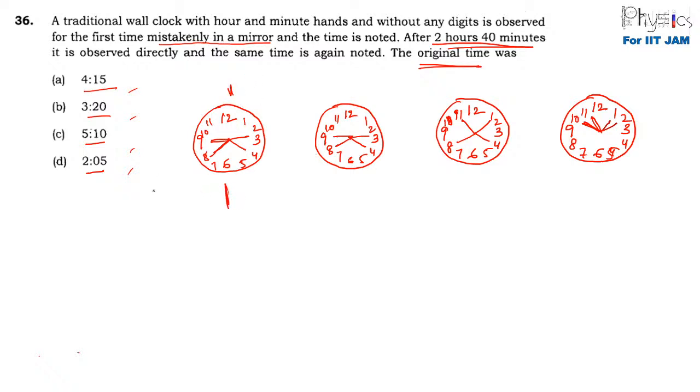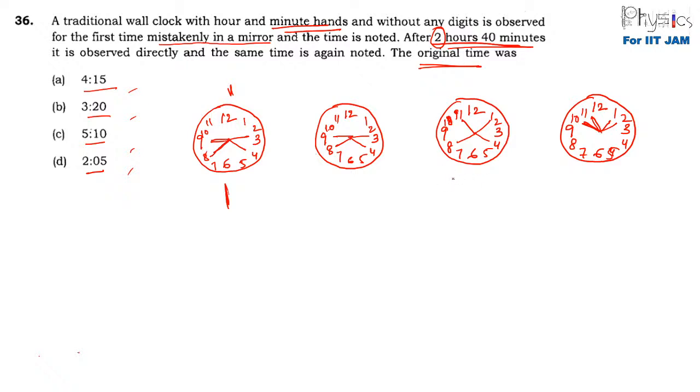So that the difference is so short, that is 2 hour 40 minutes, right? And the difference between minute hands should be 40, right? Because 2 hour is the difference between our hands, right?